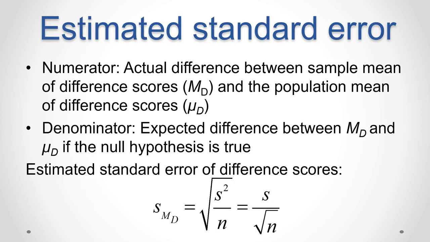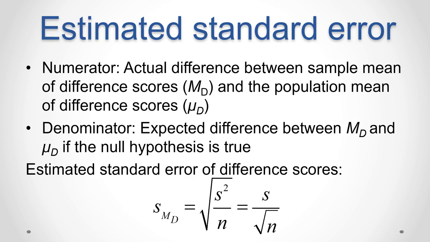The numerator measures the actual difference between sample mean of difference scores MD and the population mean of difference scores μD. The denominator measures the expected difference between sample mean of difference scores and population mean of difference scores if the null is true. Estimated standard error of difference scores gives us this expected difference.